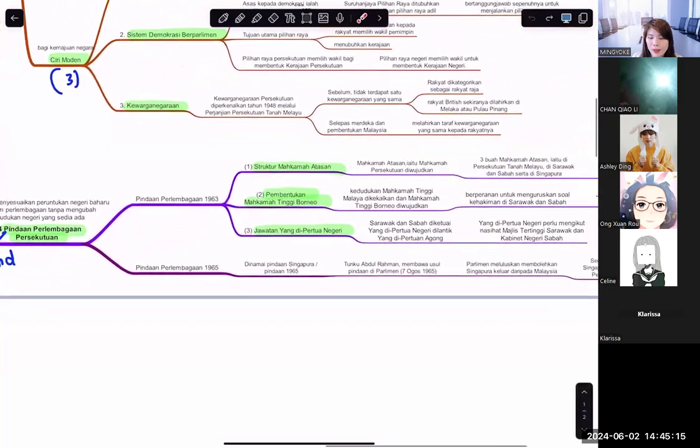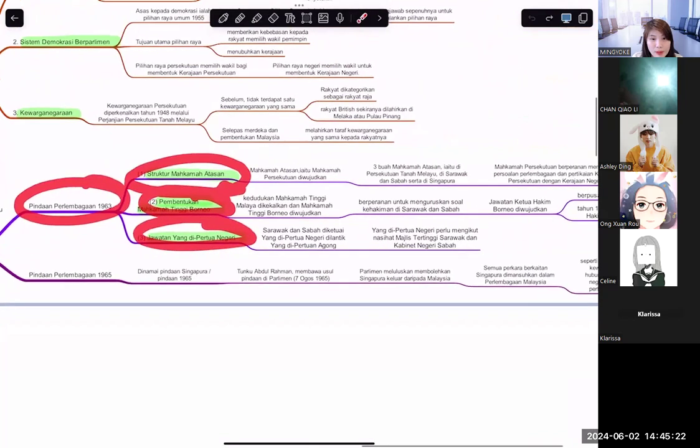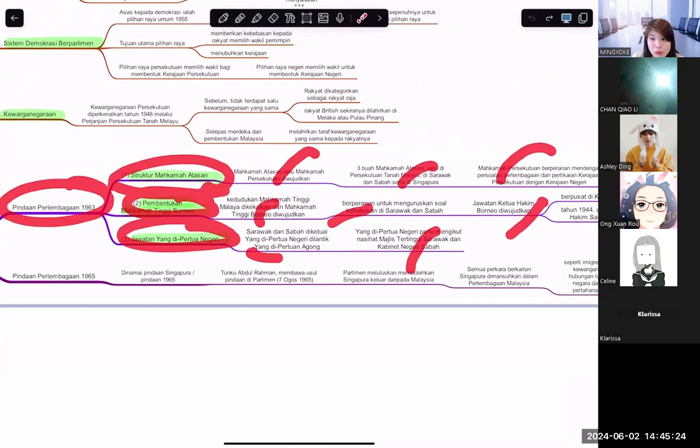Okay? So the amendment includes struktur Mahkamah Atasan, pembentukan tinggi Borneo, jawatan yang di-Pertuan Negeri, and these are all the points. You must read through it.